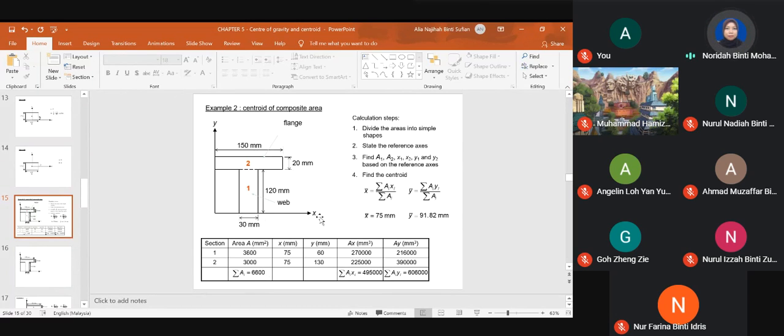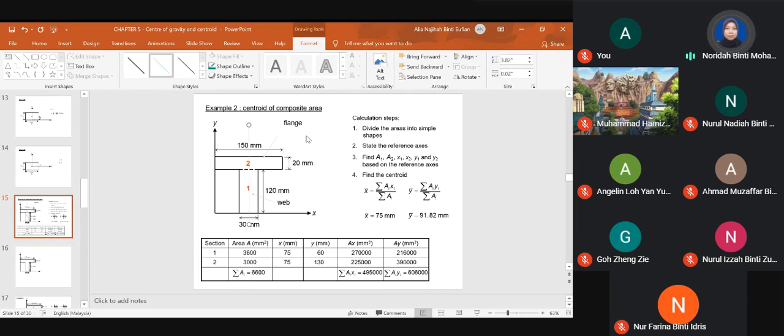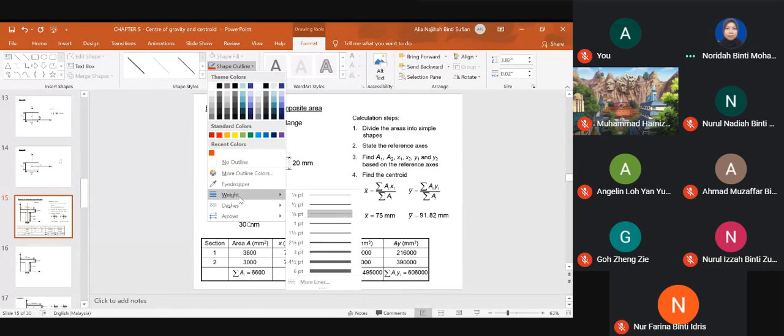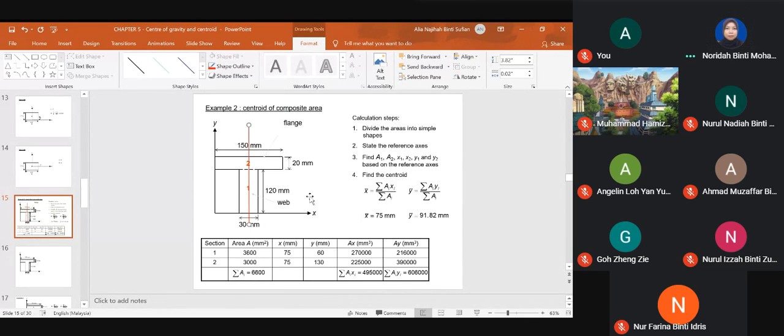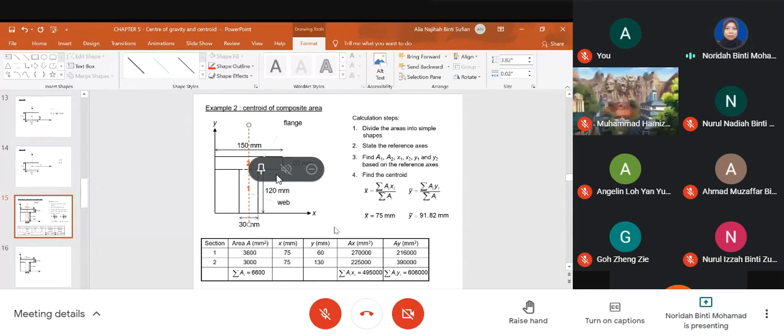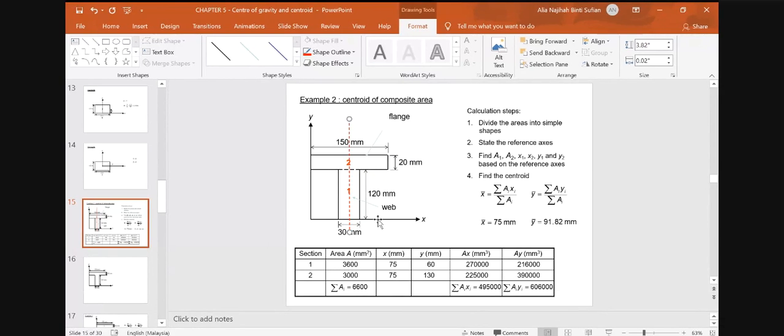Now let's look at x bar. We draw the line at the center.